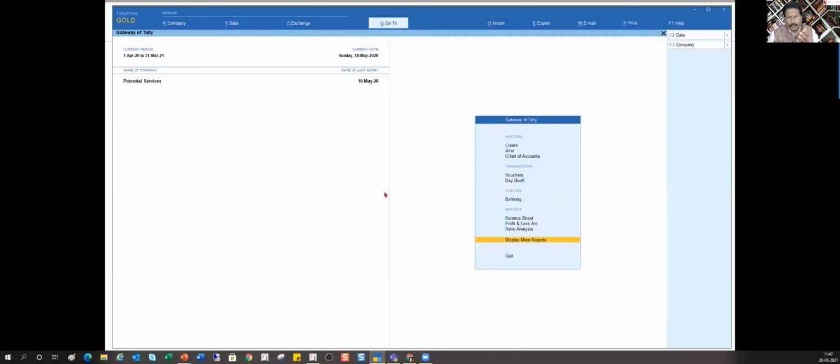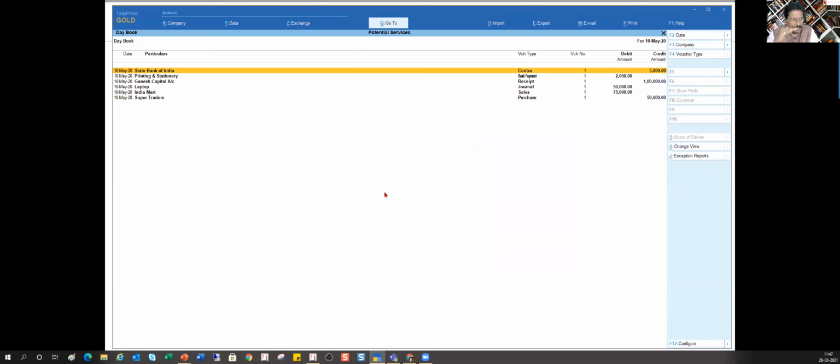And using daybook, when we get into the reporting part, we will see what all magic we can do in the daybook. So currently I just want to see those six entries that I've passed, right? The daybook is already there. My keyboard shortcut, the hotkey, is K. I can press K here, and you will see all these voucher types, the six entries that I've made, are getting reflected here.